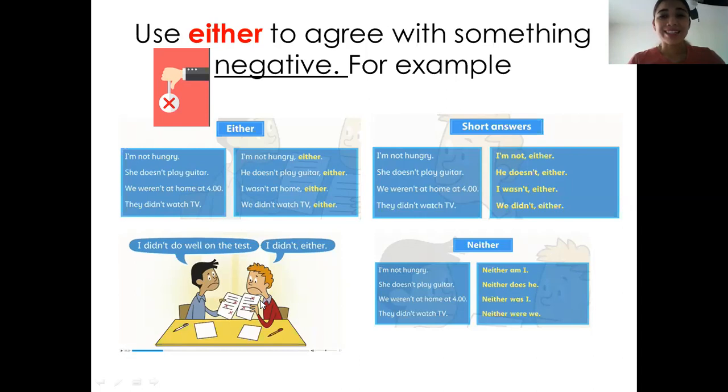It's a negative situation because he didn't study. So the first boy says, I didn't do well on the test. And the second one is in the same situation. I didn't either. Okay, and that's a short form to express agreement, okay?